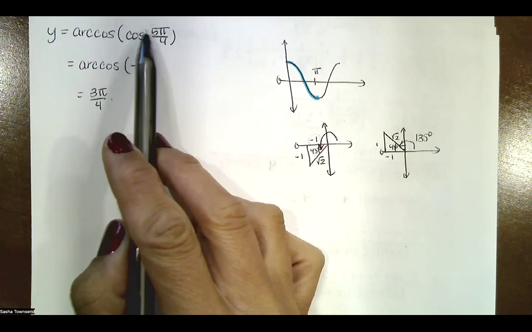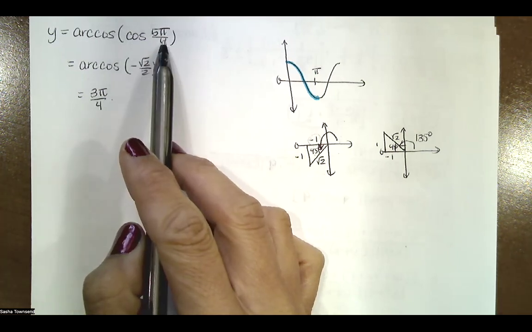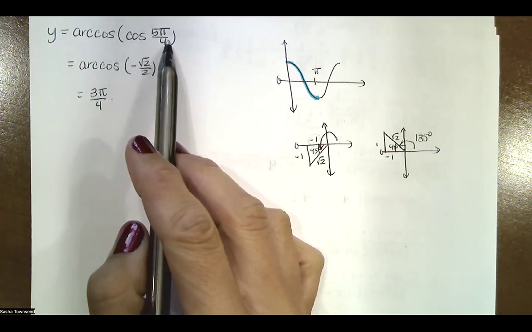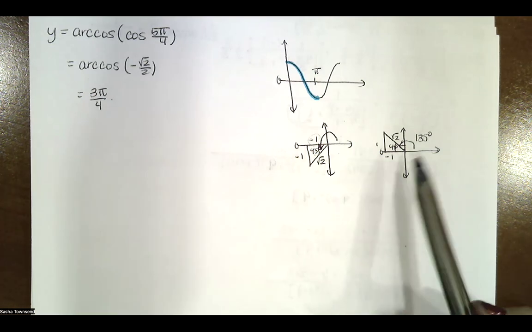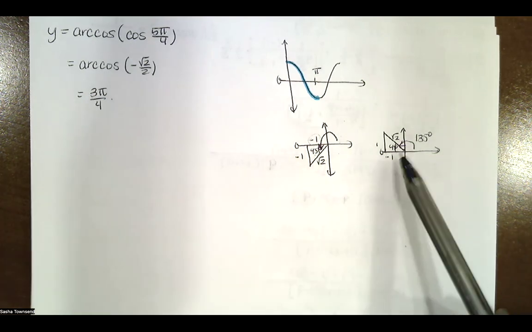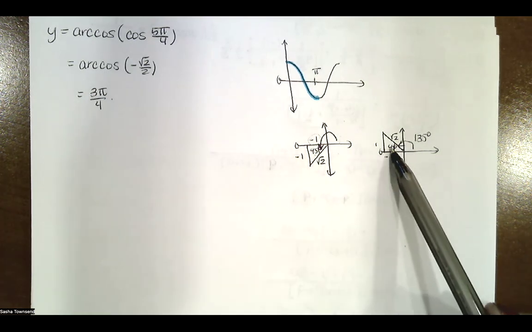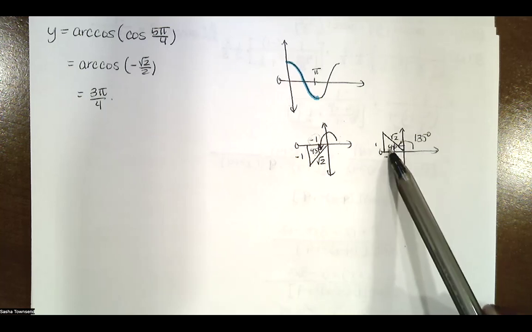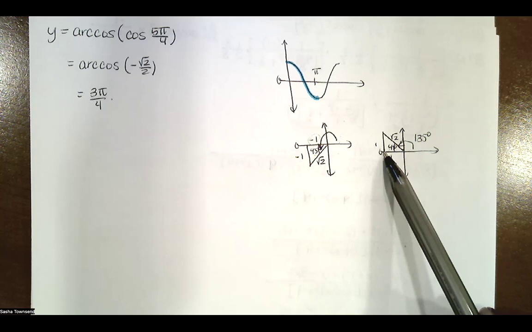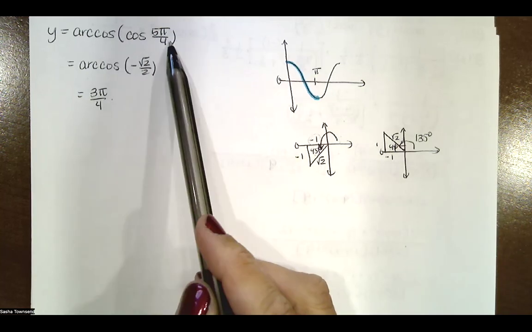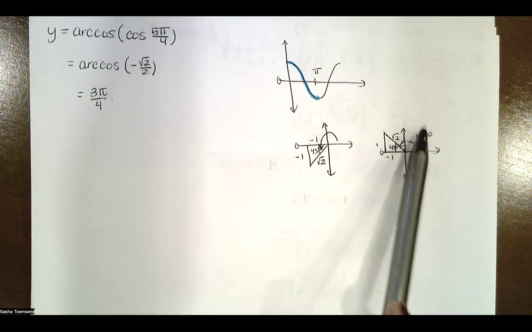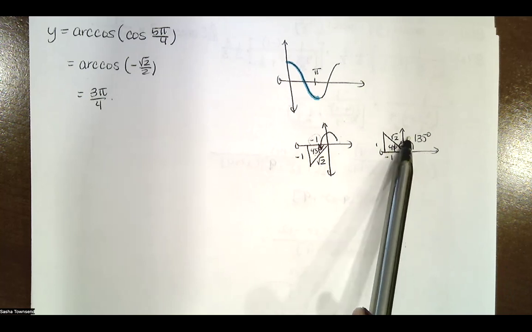So when this cosine value is negative, for this function we will always get an angle between pi over 2 and pi. Whenever we get that negative value for that cosine function, we'll get an angle over here. Now, if the cosine is positive, then we'll get an angle between 0 and pi over 2.